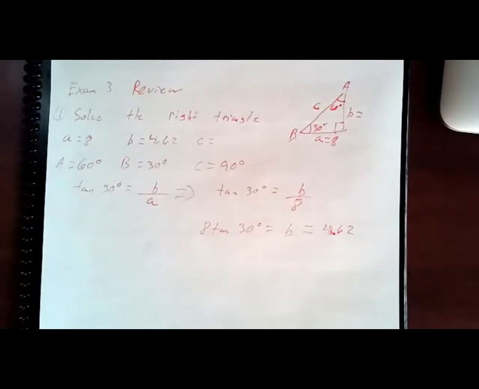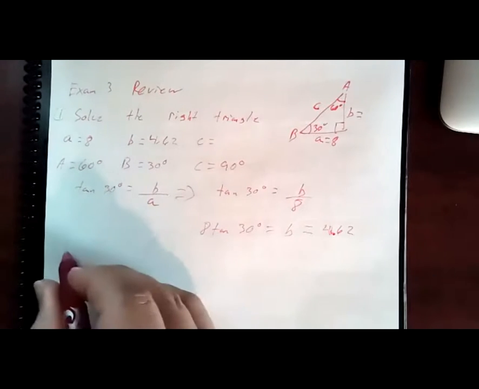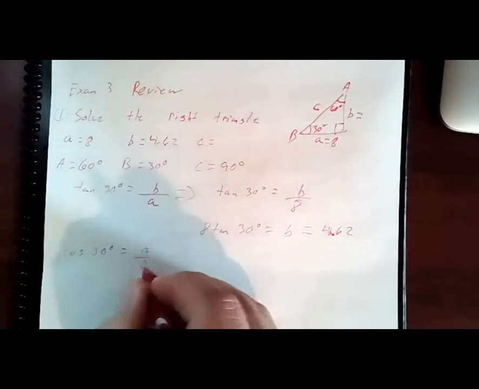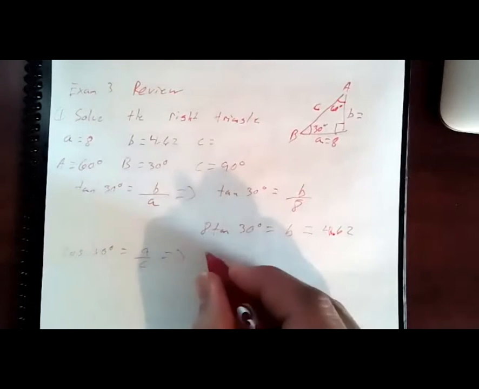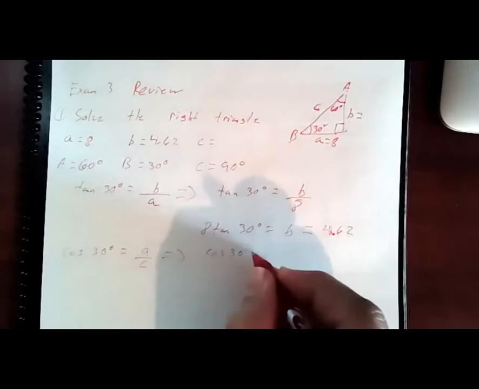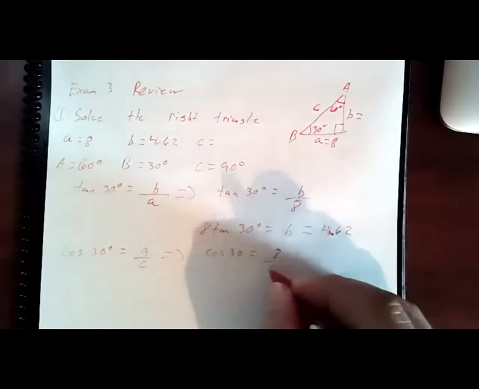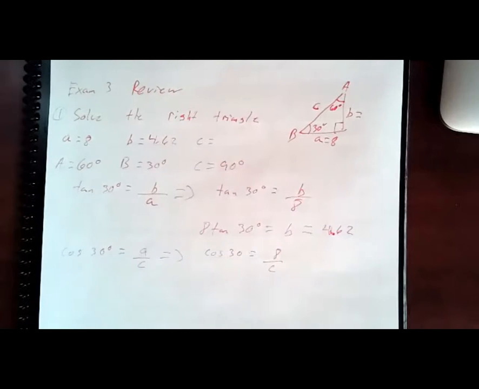Okay, so now we need the hypotenuse. We can use cosine of 30. You can use whatever you like as long as you have most of the pieces. So this will be a over c, which implies that cosine 30 is equal to 8 over c. So isolate c, and you'll have your answer.